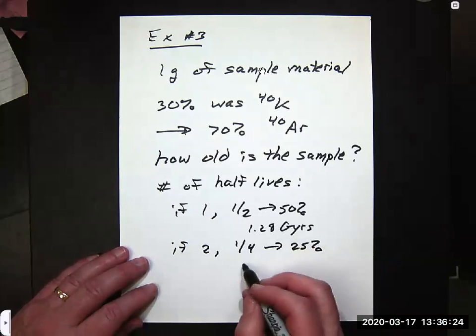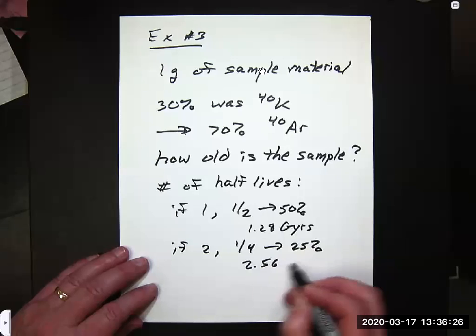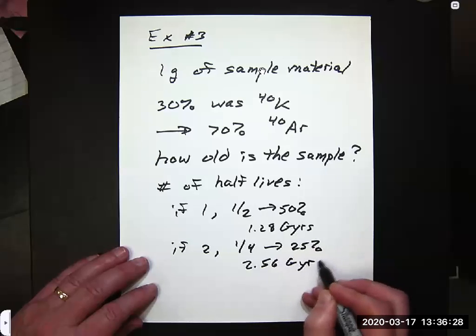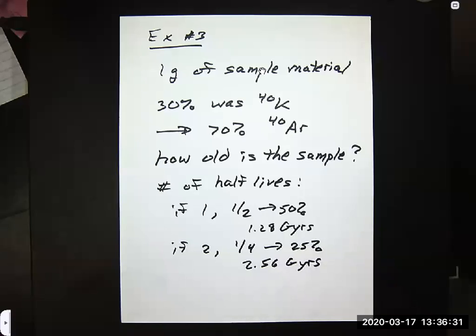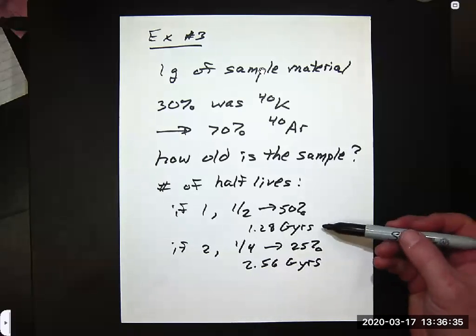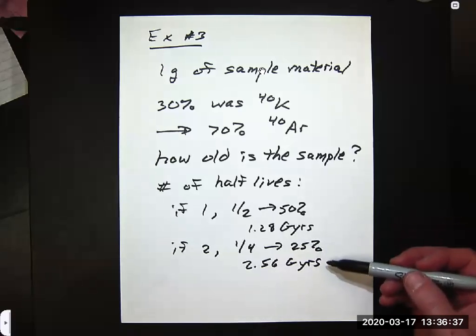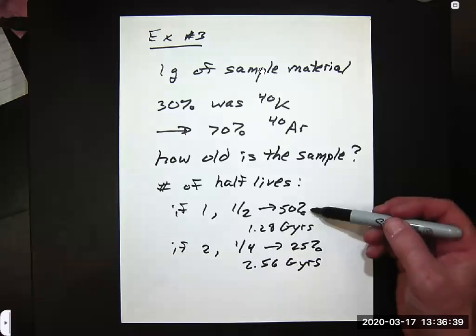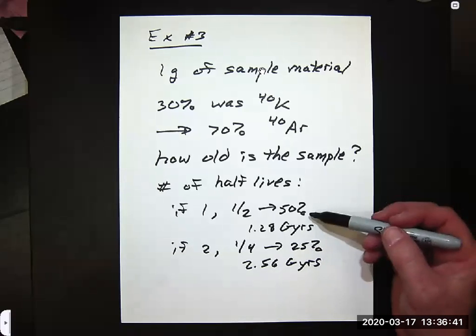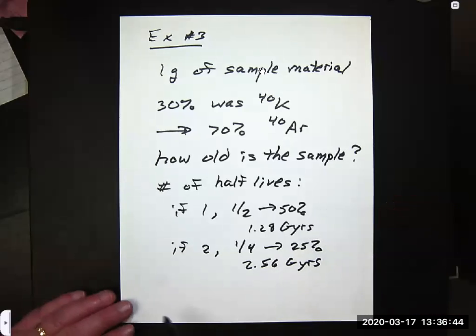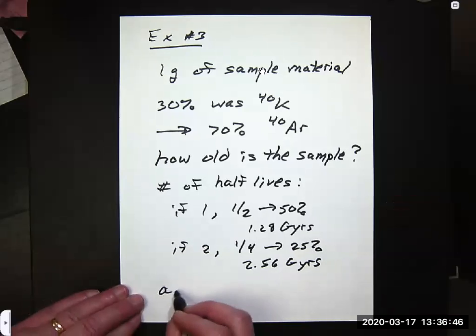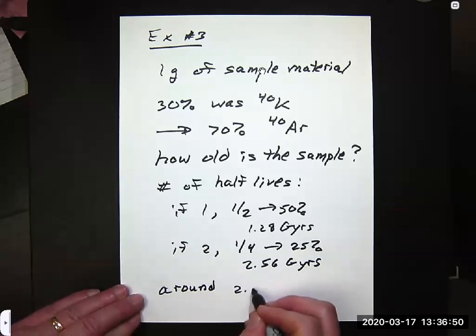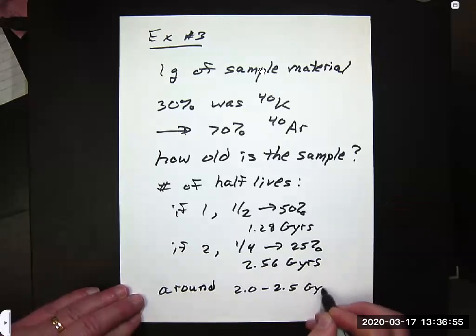So that's 2.56 gigayears. Since we have 30%, the amount of time that's passed for this sample must be between the 1.28 and the 2.56. 30% is closer to 25 than it is to 50%. So if I just had to estimate, I would say that the sample is around 2 to 2.5 billion years old.